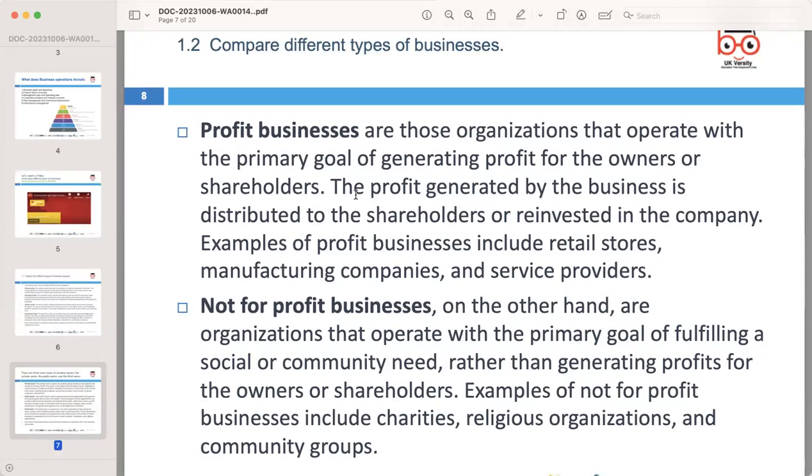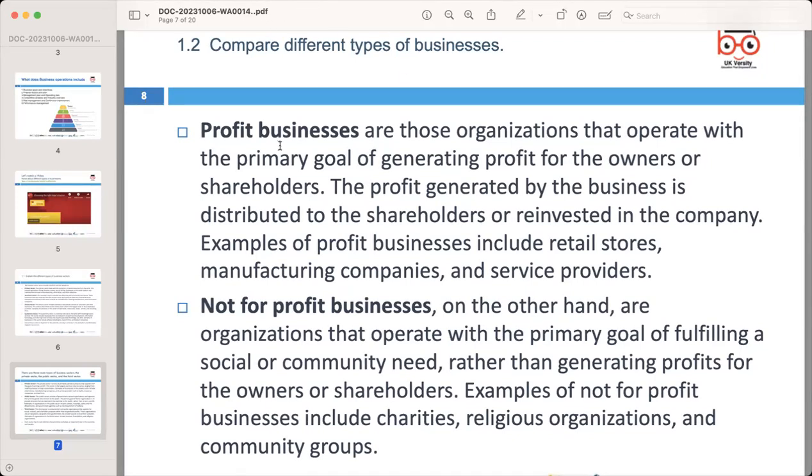Profit businesses are organizations that operate with the central objective of generating profits for their owners or shareholders. The profits earned are either distributed to shareholders or reinvested in the company. Examples include retail stores, manufacturers, and service providers.